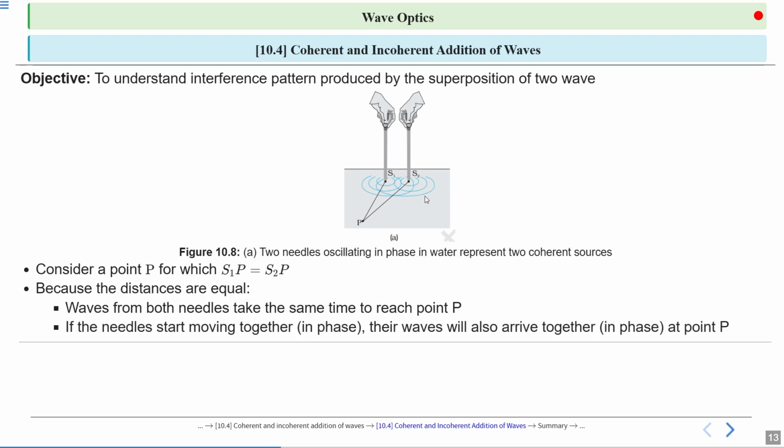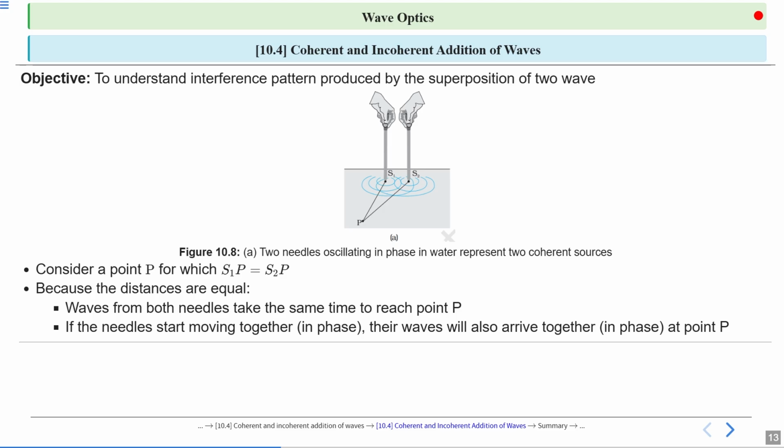If the needles start moving together in phase, at the same time we are dipping them in the water, and at the same time we are taking them out from the water surface, that means they are moving in phase.